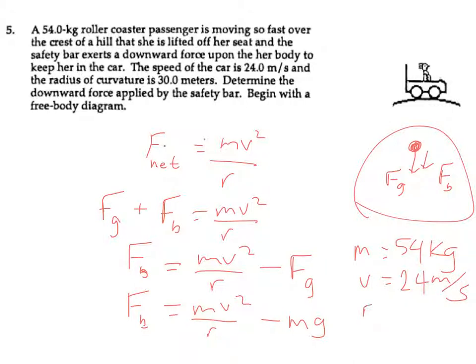The radius is 30 meters. And again, remember g is 9.8. So you should be able to plug all of those values in and get a force for the bar of 508 newtons.